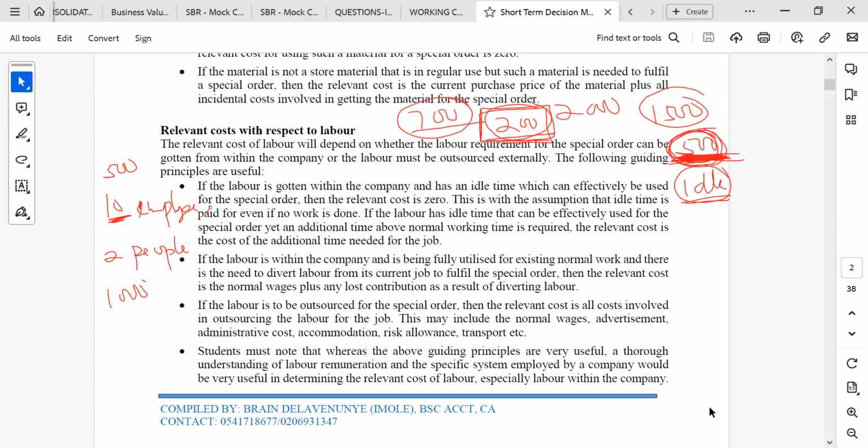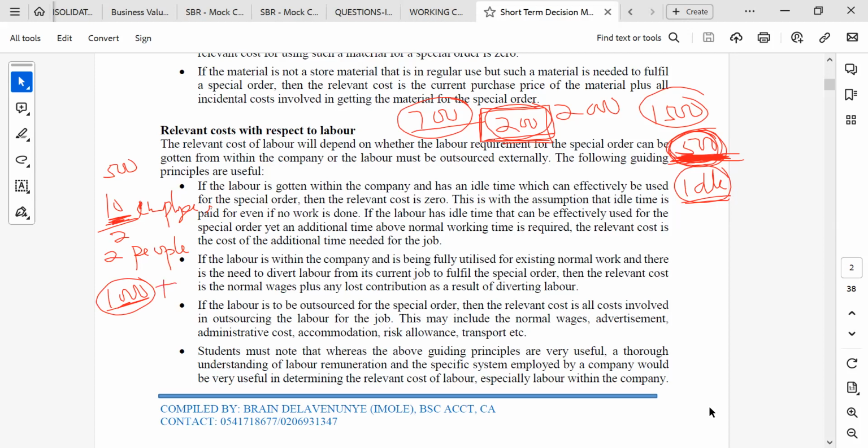So it means that the 1,000 will not be incurred on their normal work. We are transferring the 1,000 to the contract that we have gotten. The question is, if we are transferring the 2 of them, would there be any contribution that we will be losing? If the 2 of them are there, what is the contribution that they are generating? So if we are moving them, it means that contribution too we will not be getting. So we add the contribution to the 1,000 over here, and that will be the relevant cost.